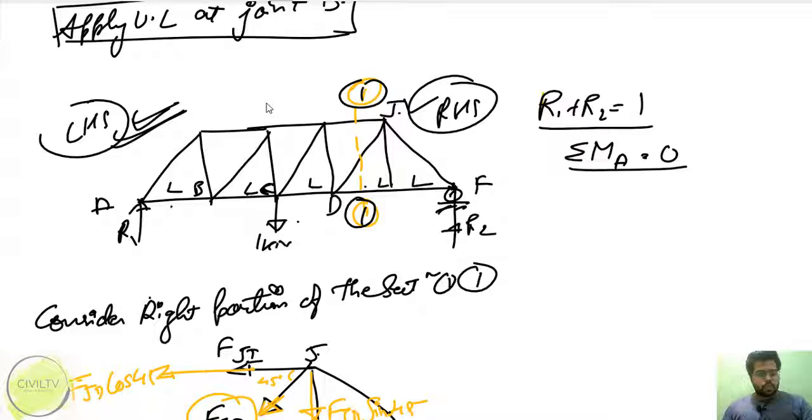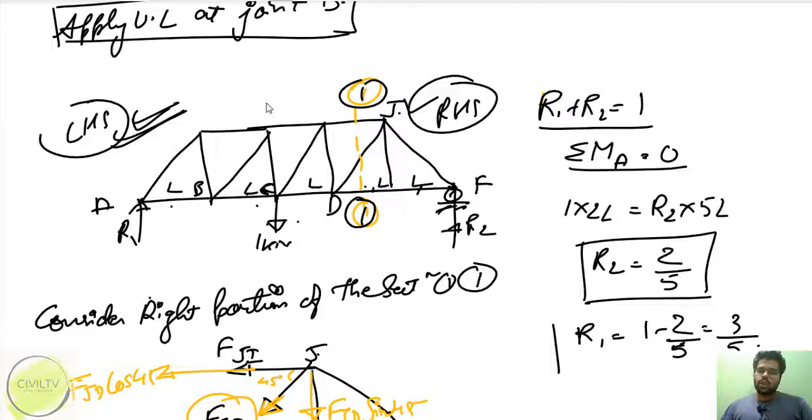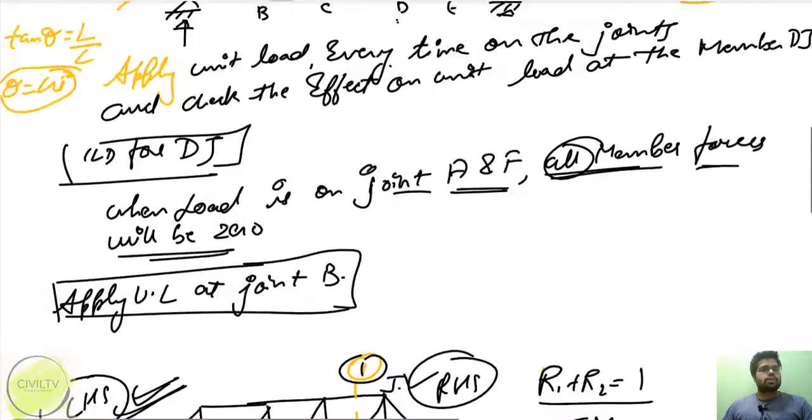It will be 1 into 2L equals to R2 into 5L, so R2 comes out to be 2 by 5. Similarly R1 equals to 1 minus 2 by 5, so it will be 5 minus 2, that is 3 by 5. ऑलराइट, ये मैंने रिएक्शंस निकाल लिया.